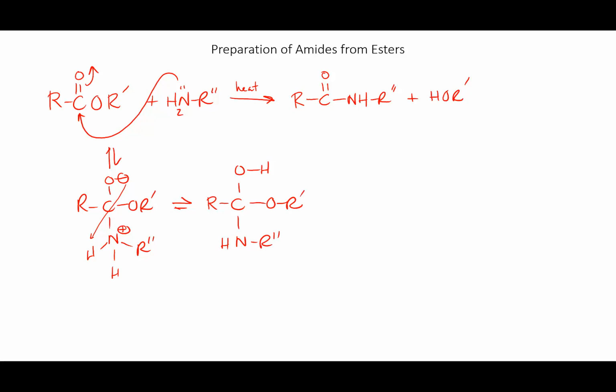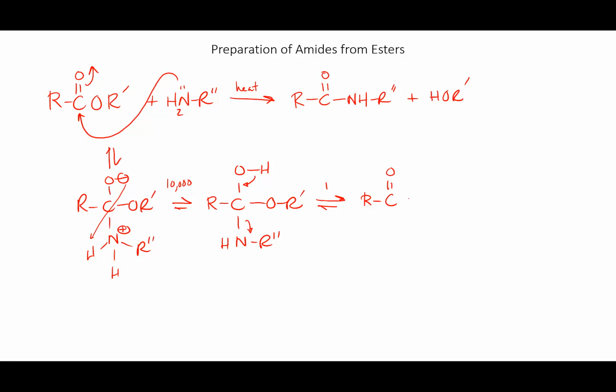All right, great. I don't have any acid, but I do have heat. So that means I can bring this pair of electrons back down. Something's got to leave. Who's going to leave? Well, the OR group is going to leave. That will happen 10,000 times, and I'm going to end up right back where I started. But that one time that the nitrogen leaves, what am I going to end up with?